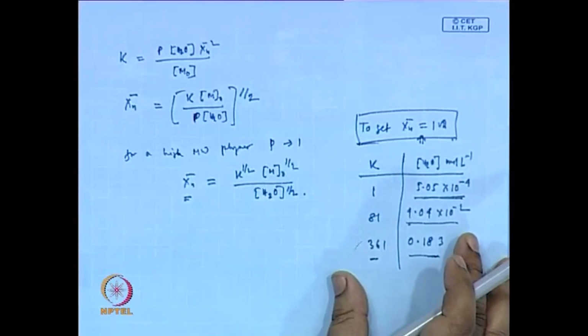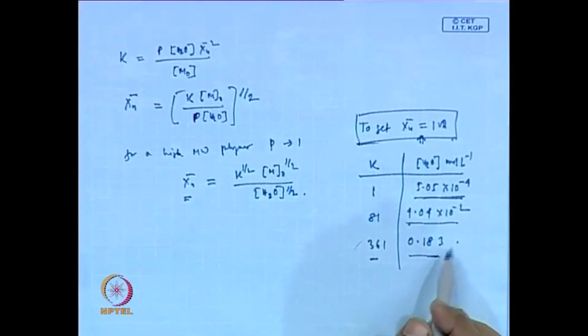Okay. Now, as I said before, for an engineer it is not always very easy to build a reactor where you can take out the condensate molecules to the level where you want for building the molecular weight.